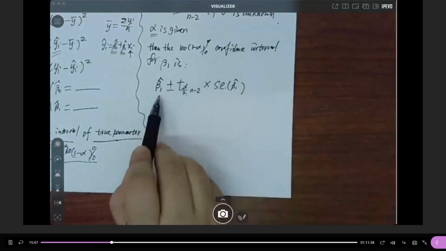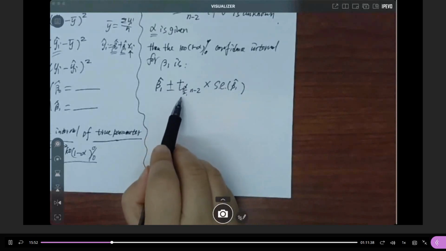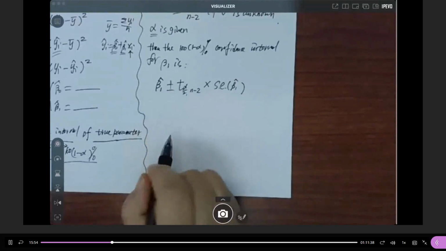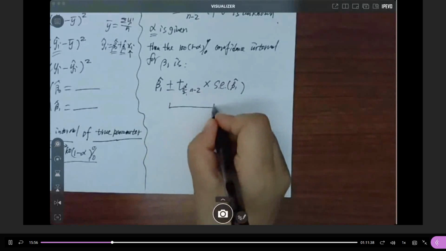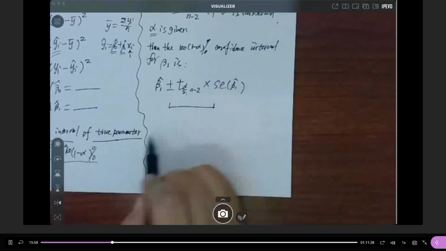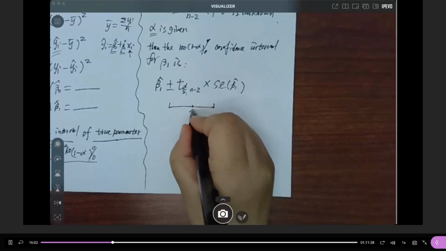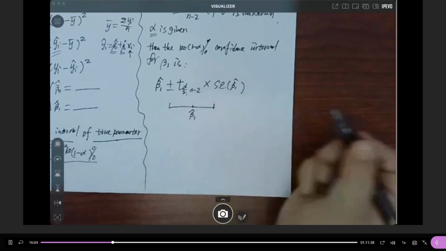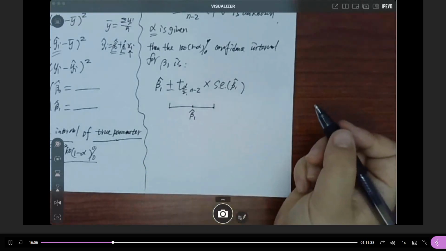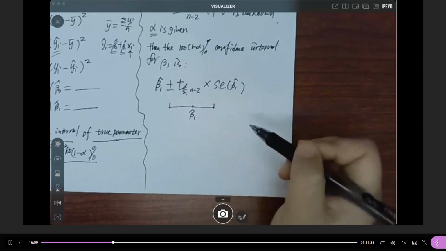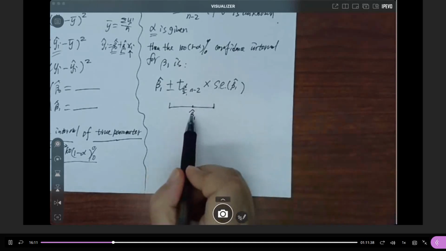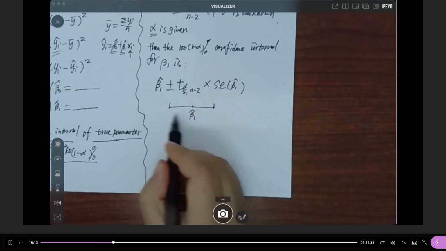Okay, so beta 1 hat is a point estimate. This plus and minus is the half length of the interval. So basically you have an interval, you have a lower bound and an upper bound. At the center of the interval is your point estimate, beta 1 hat. You are using beta 1 hat to estimate beta 1. If you do minus, you get the lower bound.